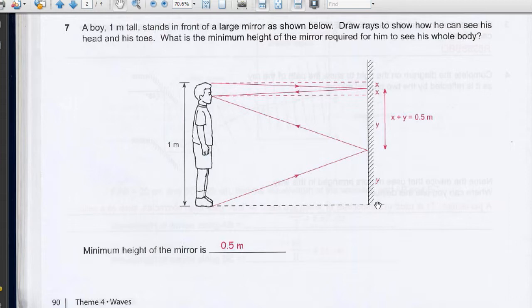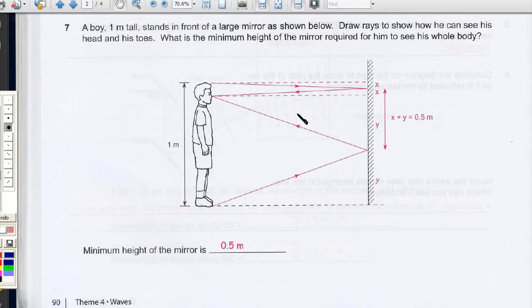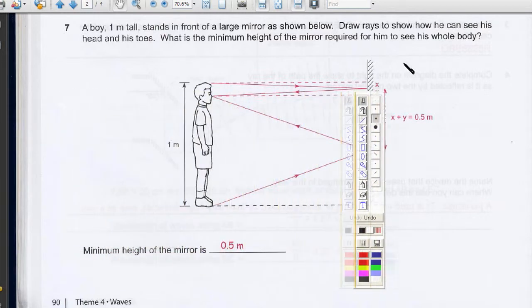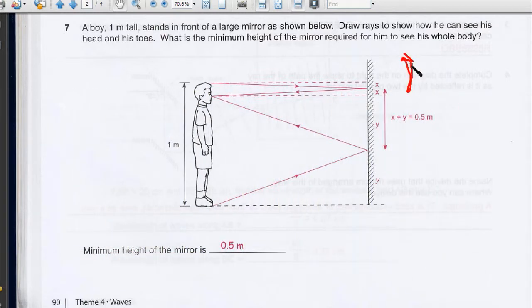So over here we know that 2x plus 2y equals 1 meter. So you see, x plus x, y plus y will give you the height of the boy.